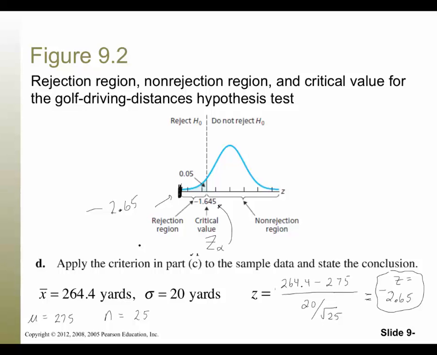We could be in this 5% chance that truly he does have a higher driving range than that. So 5% of the time, this conclusion would be wrong. It would be a type 1 error. But according to this one sample, we can be 95% confident that no, he does not drive at 275 on average.